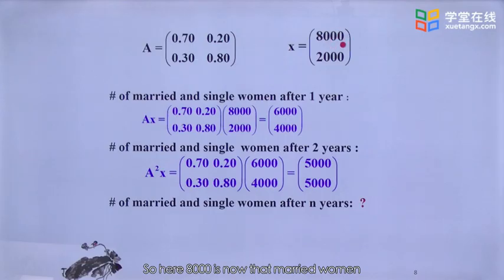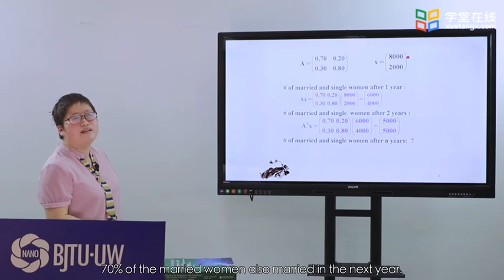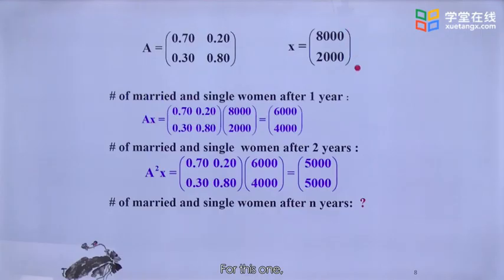So here, 8,000 is now the married women, right? And 2,000 is the single women. And if you look at A like this, this means after 1 year, 70% of the married women are also married in the next year, right? Keep unchanged.